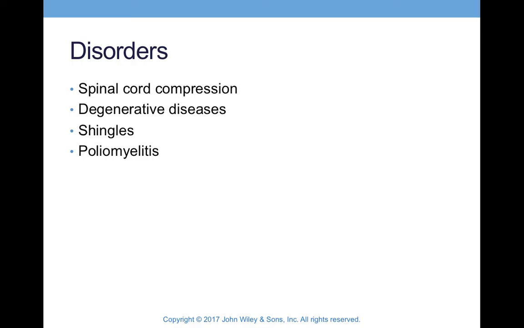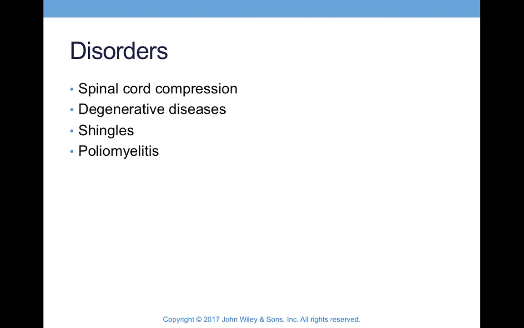And then the last one is poliomyelitis, which is also, of course, commonly referred to as polio. Another name for it is infantile paralysis. So we don't hear about polio a lot anymore, but polio is a viral infection characterized by fever, headaches, a stiff neck and back, deep pain and weakness, and then a loss of certain somatic reflexes.